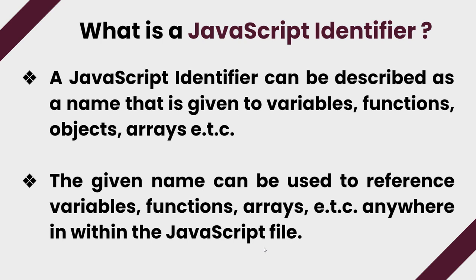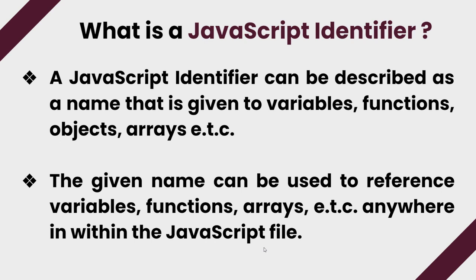So the variable names we made use of in the previous section are actually under JavaScript identifiers. So they're actually identifiers, and that's why it is said to be a name that is given to variables, functions, objects, and arrays.